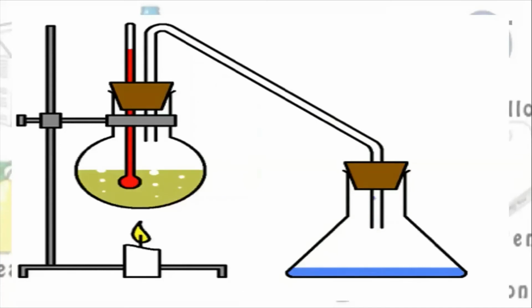This pure water is not suitable for drinking because it does not contain minerals that should be present in drinking water. This distilled water is used in laboratories, car batteries and medicines. So the pure water collected by the distillation process is called distilled water.